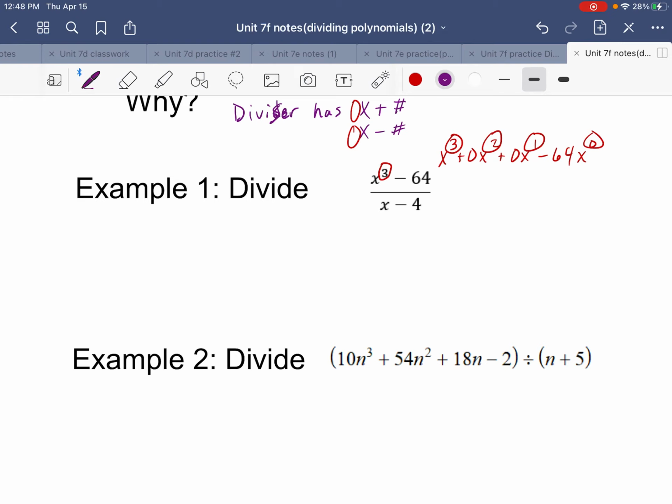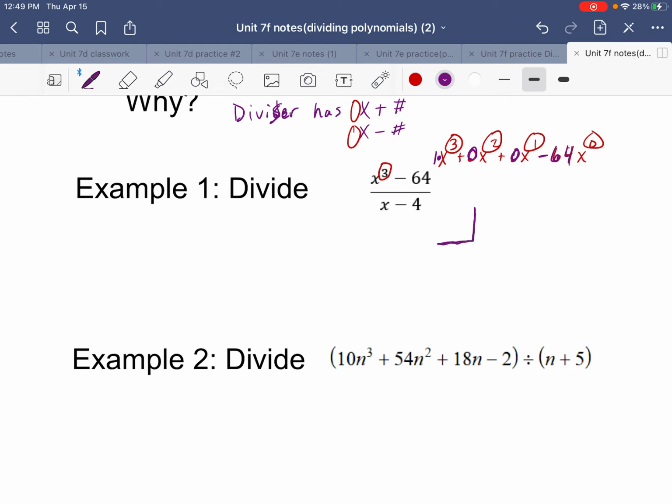Second, now this is where synthetic comes into play. We're going to look at our coefficients. So 1, 0, 0, and then negative 64. So those are our coefficients. And how we set up synthetic division, we actually do like a backwards little L here.